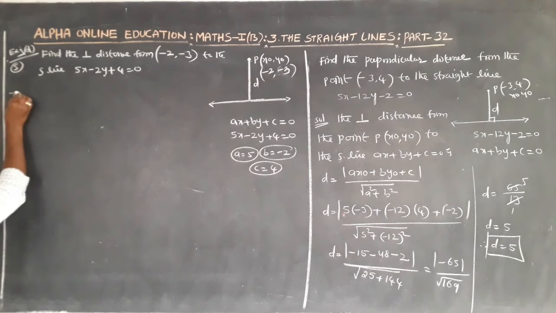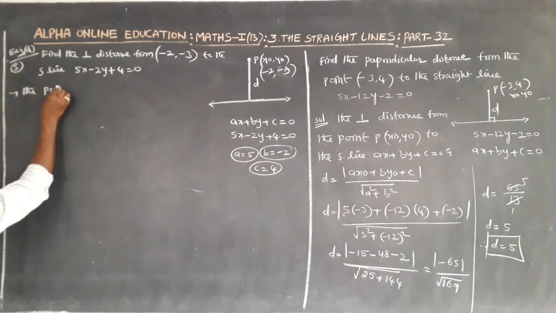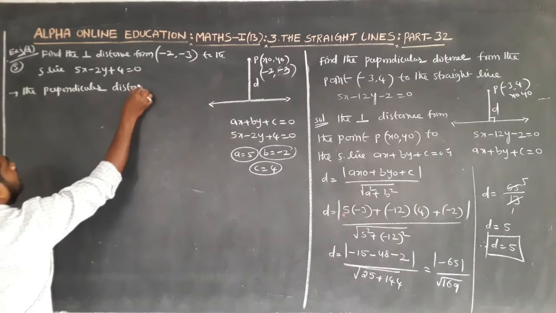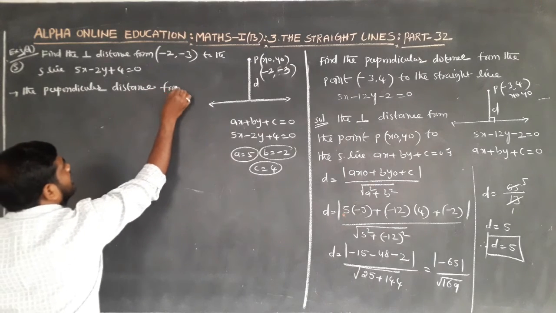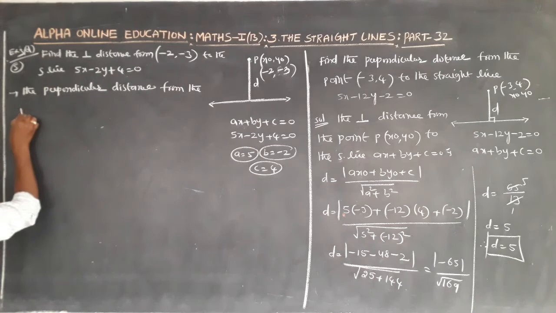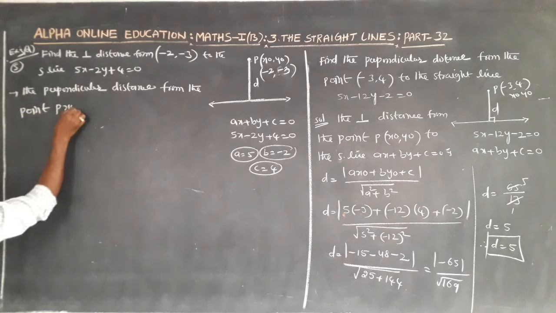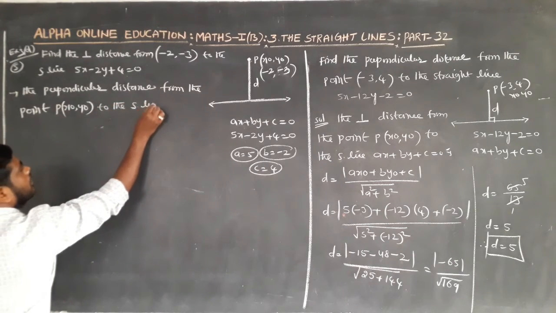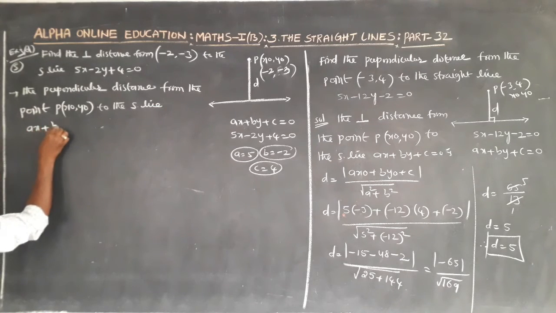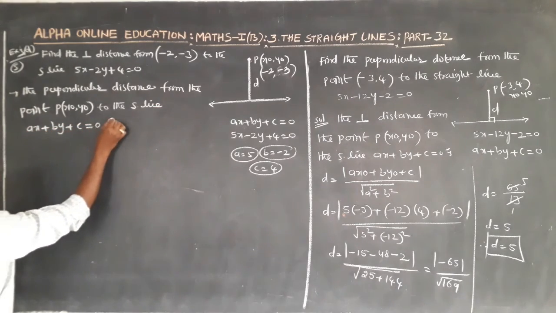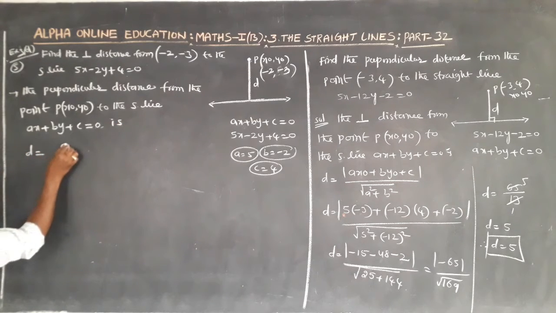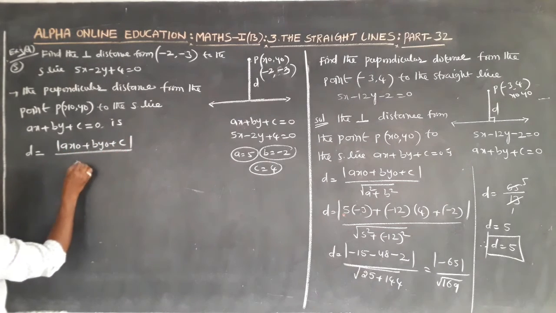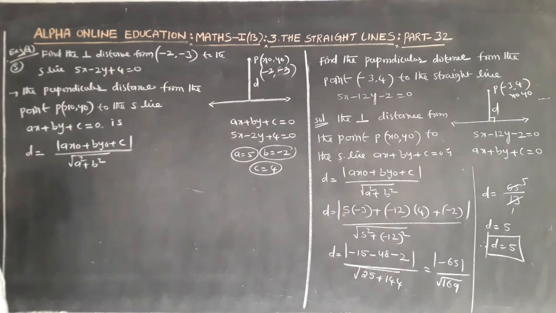By using the formula, the perpendicular distance from the point P(x naught, y naught) to the straight line ax plus by plus c is equal to 0 is mod of (a x naught plus b y naught plus c) by under root of a square plus b square.